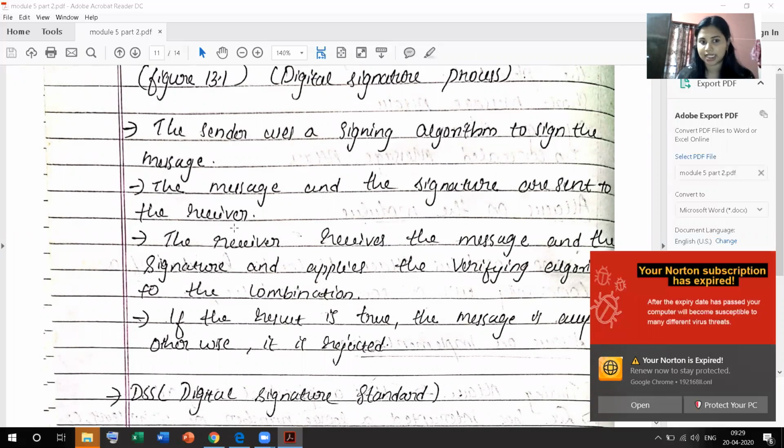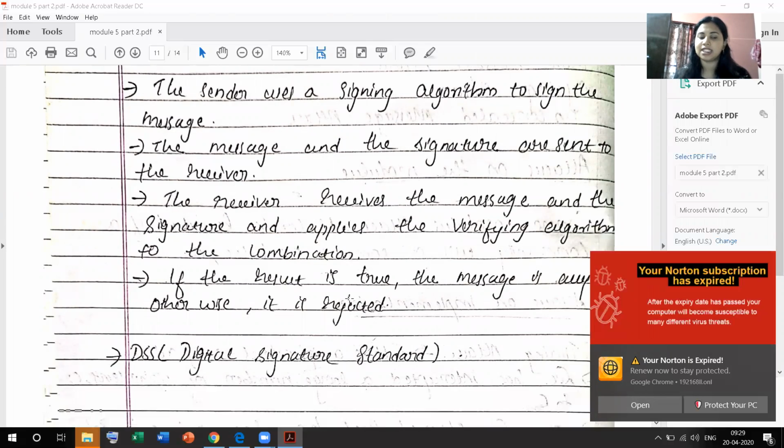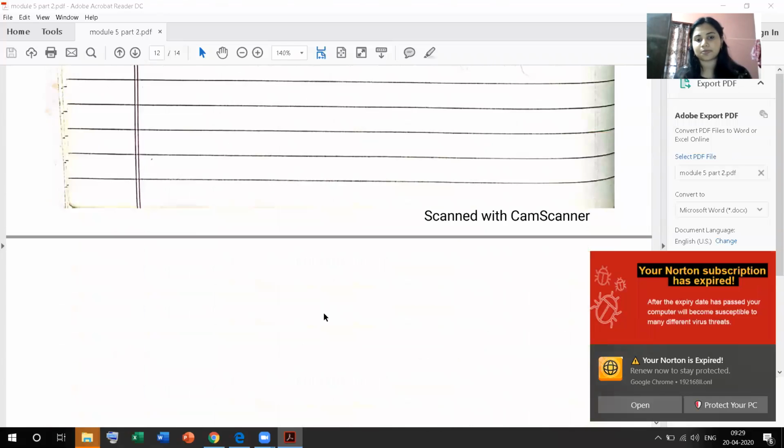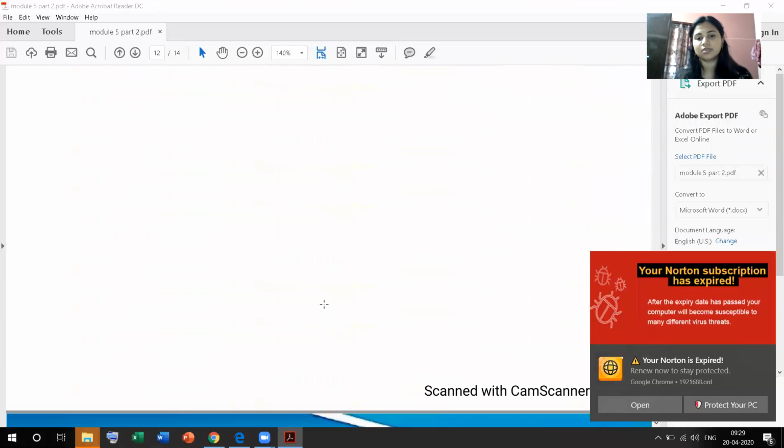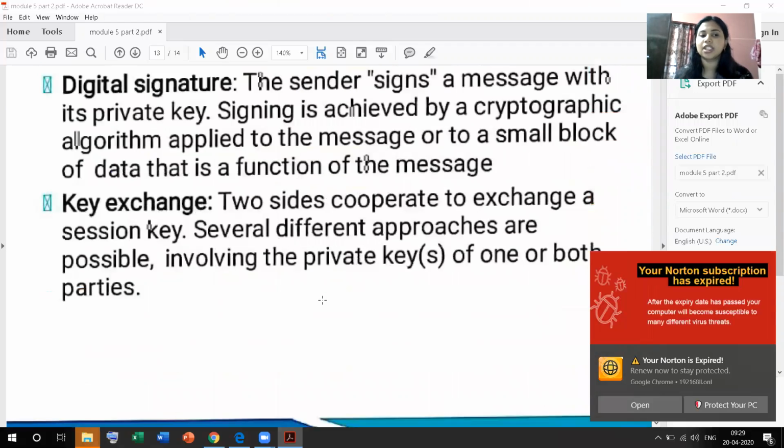The receiver applies the verifying algorithm to the combination. If the result is true, the message is accepted, otherwise it is rejected. That's about the digital signature.